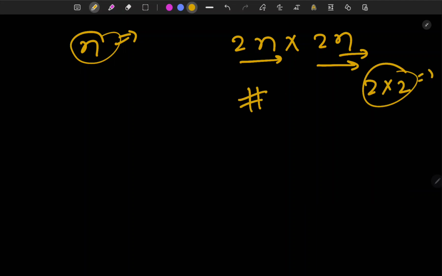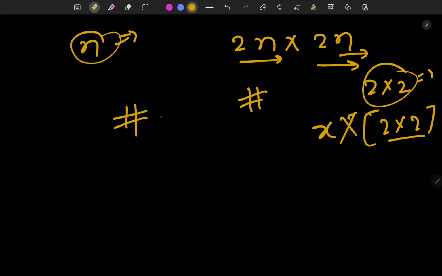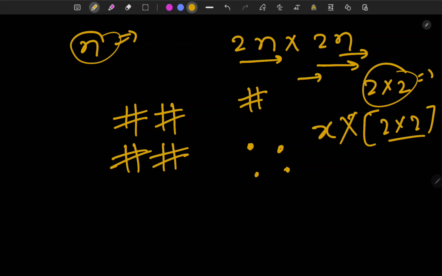It means you have to divide the 2n cross 2n matrix into multiple 2 cross 2 matrices, such that each 2 cross 2 matrix is either full of hashtags or full of dots. So we have to construct this type of matrix using hashtag or dot.